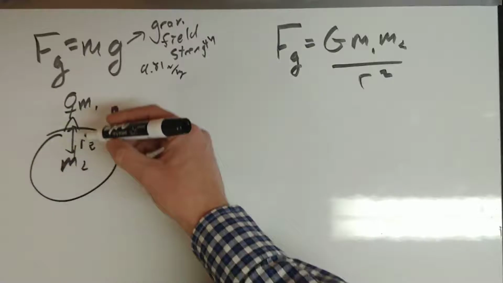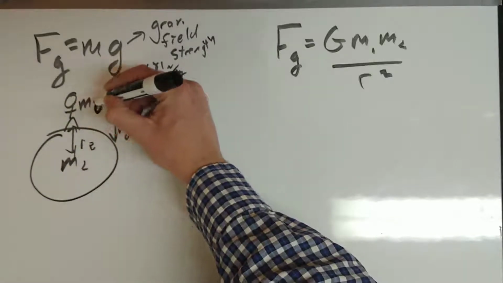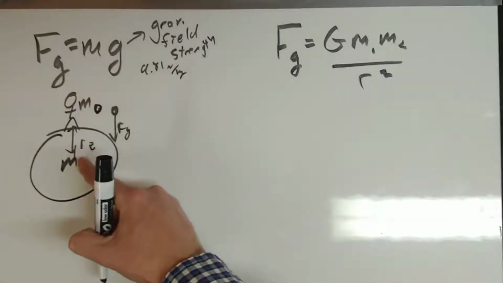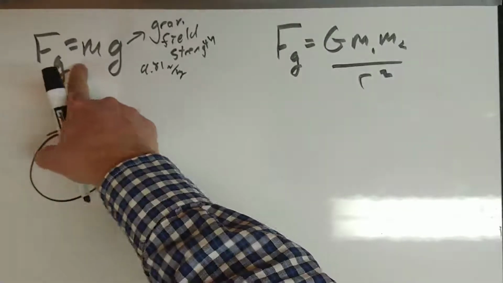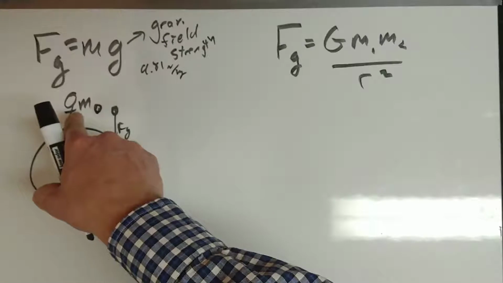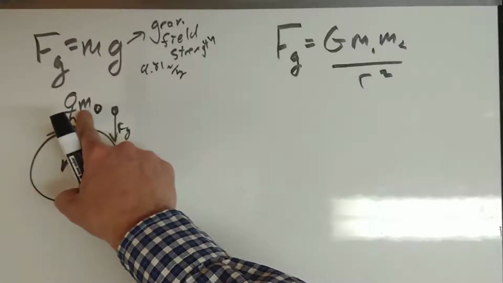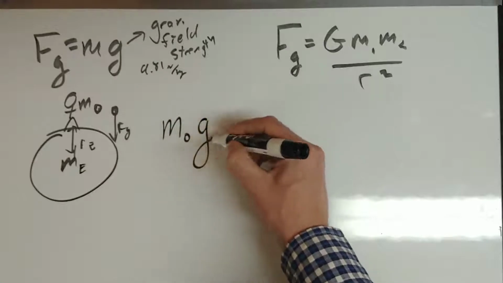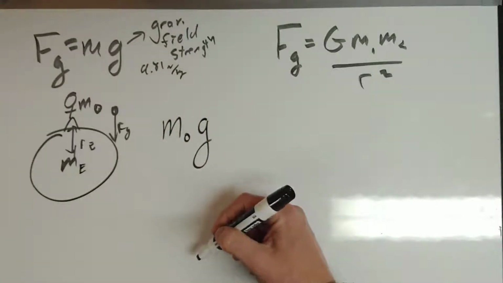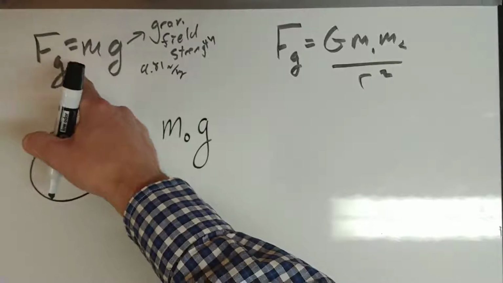Let's call M1 the mass of any object, MO, and let's call M2 the mass of the Earth. So this force of gravity is representing the force acting on this object. So that's MO times g, the equation for the force of gravity on that object.